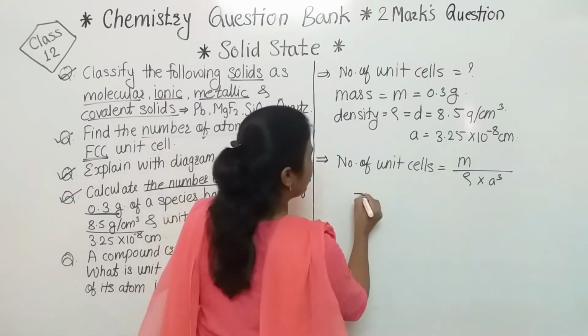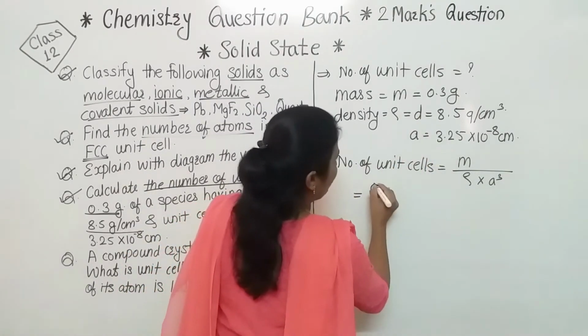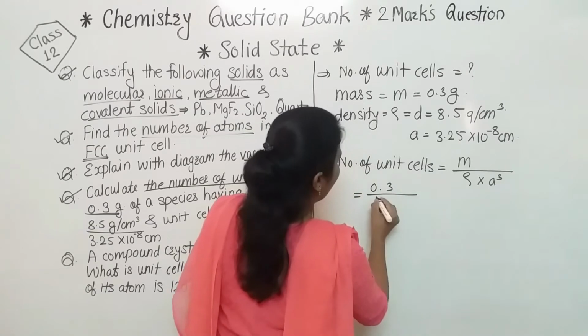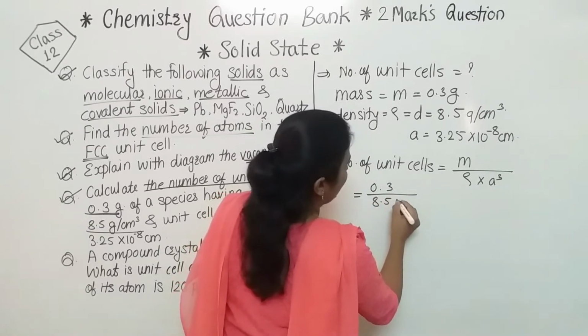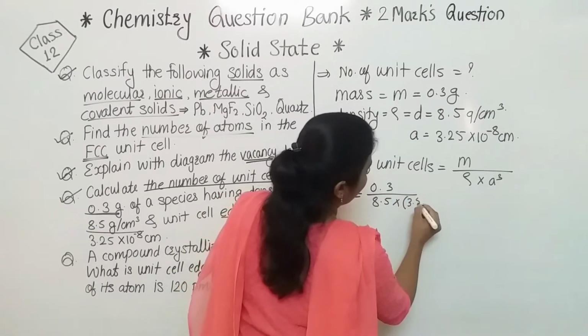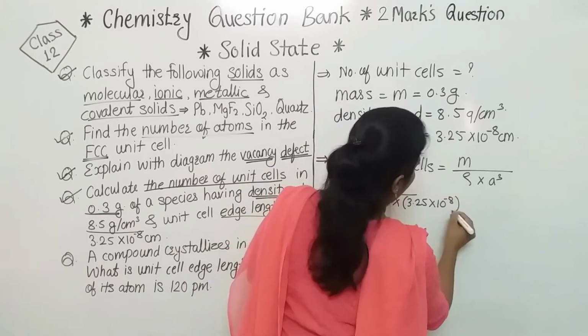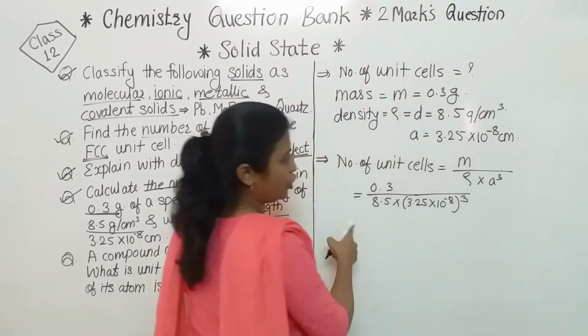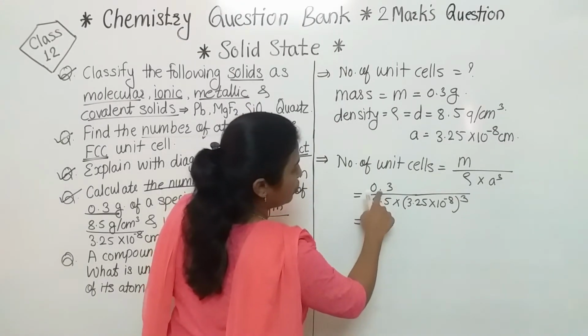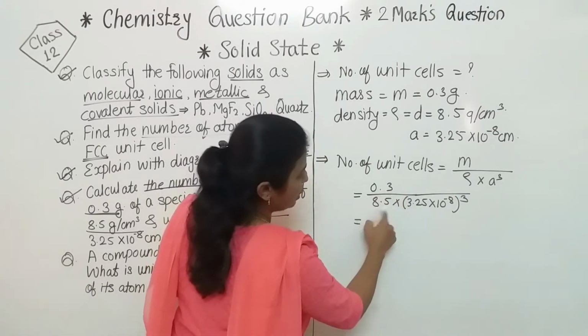So simply we are going to put in the values. What is that? 0.3 divided by 8.5 into 3.25 into 10 raised to minus 8, and here we have to take the cube. Next step, if we shift one decimal here, we shift it here also.